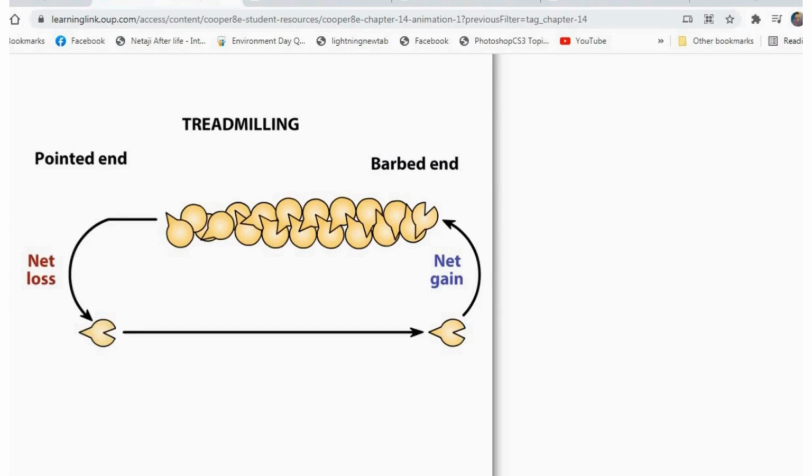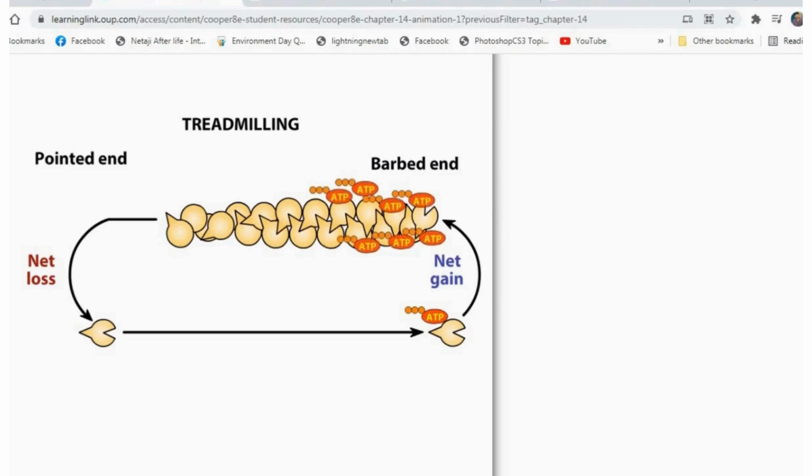The treadmilling cycle depends on ATP, which is bound to monomers that add to the ends of the filament. Actin monomers at the barbed end are therefore bound to ATP.